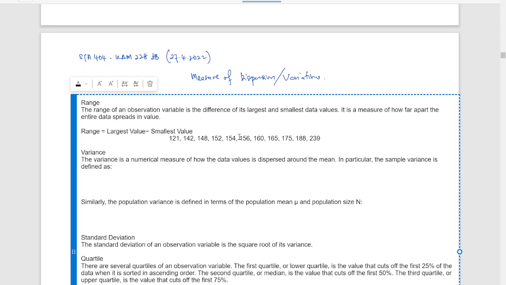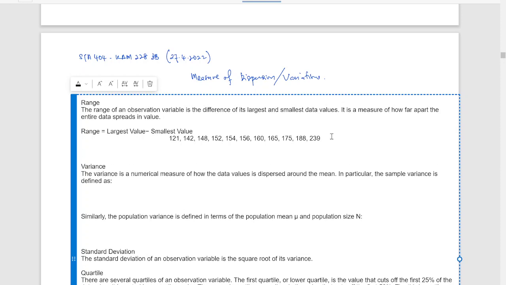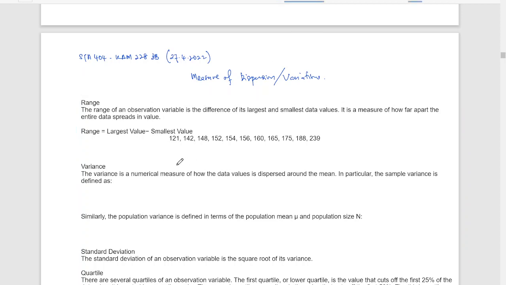Okay, so when we talk about the range, we are just looking at the value from the highest to the lowest. So we just take the difference between the highest and the lowest. In this situation, if you look through this information, you have the largest to be 239, and then the lowest is 121, right? So the range here is simply equal to 239 minus 121.